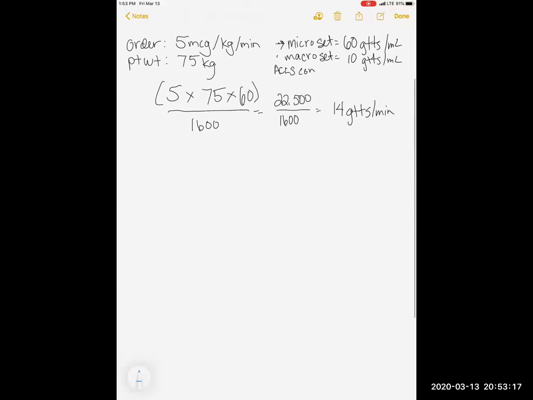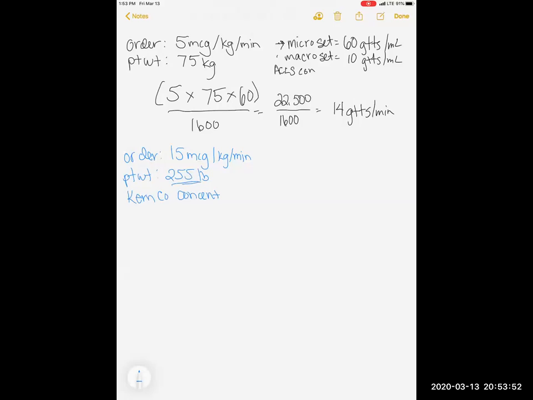Let's do another one. Here's going to be a big order. Let's say they order 15 mics per kilogram per minute, which is a lot. Our patient weighs 255 pounds, a big patient, and the doctor ordered Kern County concentration.